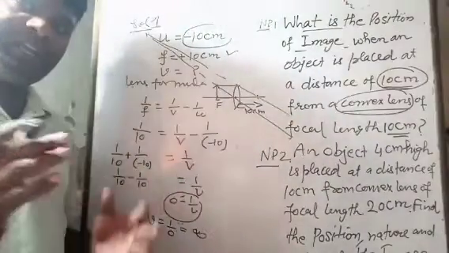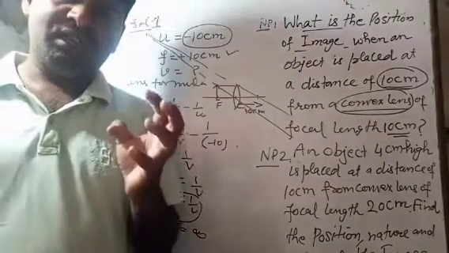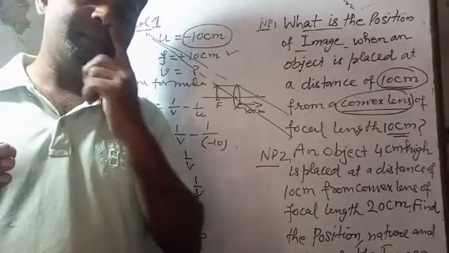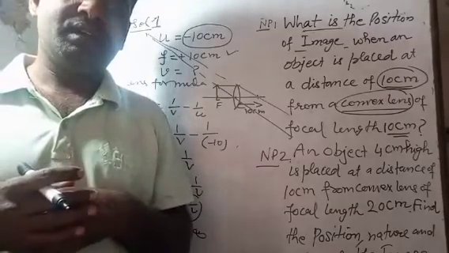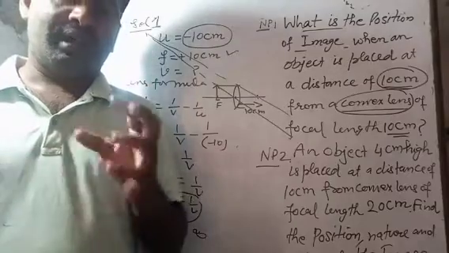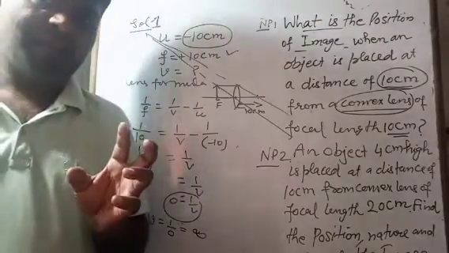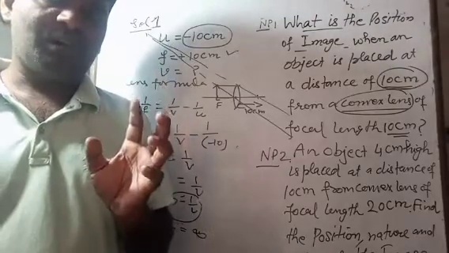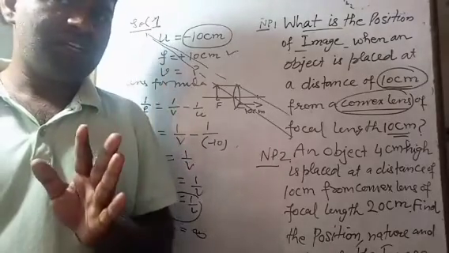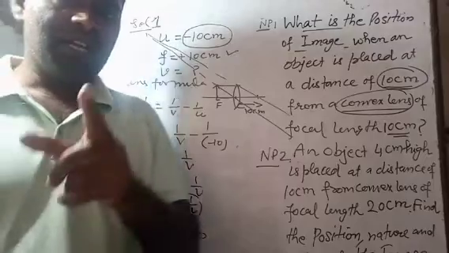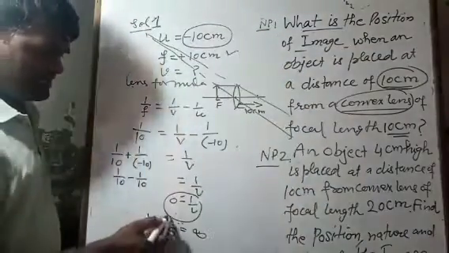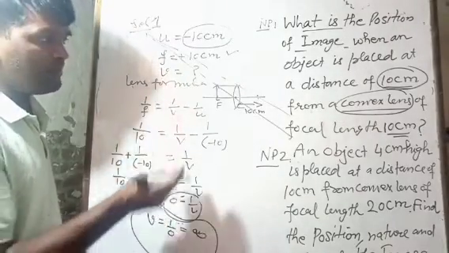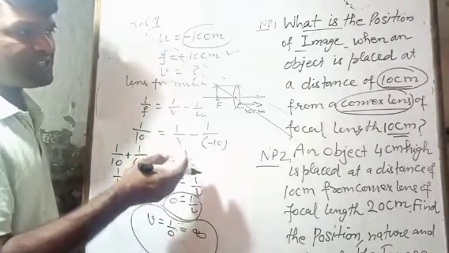This is how numerical problems help us to clear the concept behind these aspects. हमने पढ़ा था कि हमारे पास कॉन्वेक्स लेंस के केस में जब ऑब्जेक्ट फोकस पे होगा then image will be formed at infinity. Okay, my dear student, and what we have concluded here, image is formed at infinity. अब आप इसका वाइस वर्सा कैसे कर सकते हैं?